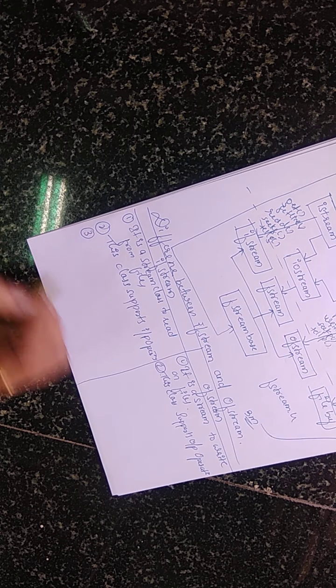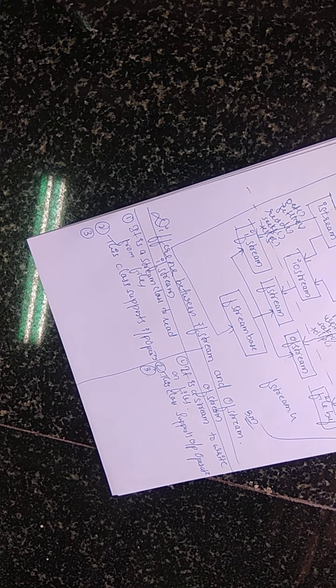So we'll see the third difference between the ifstream class and ofstream class. The ifstream class contains an open function with the default input mode. When you use this open function in the ifstream class, it opens a file in input mode.